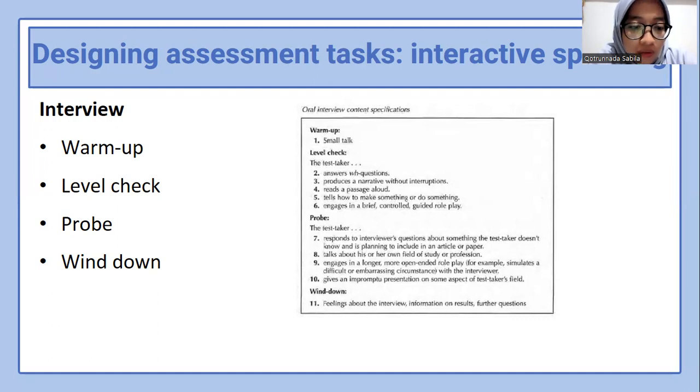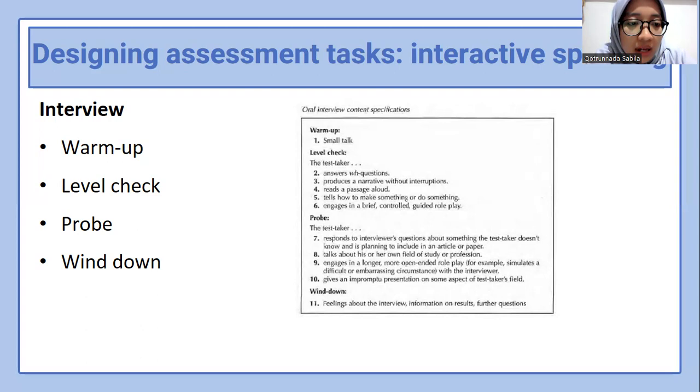In a minute or so of preliminary small talk, the interviewer directs mutual introductions, helps the test takers become comfortable with the situation, and then apprises the test takers of the format and allays anxieties. No scoring of this phase takes place.